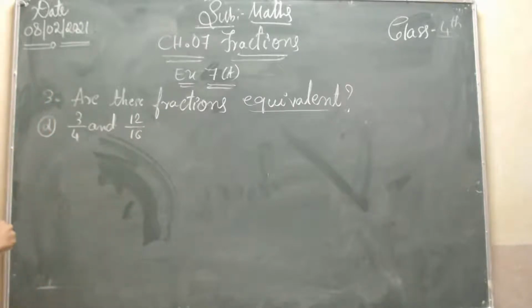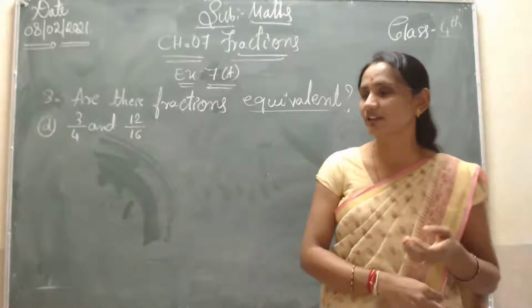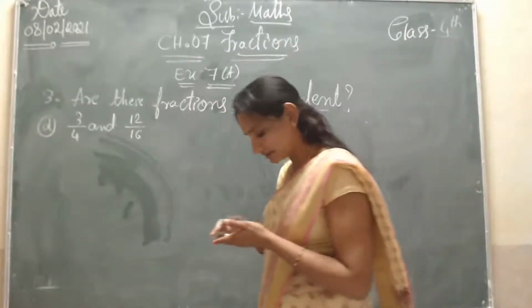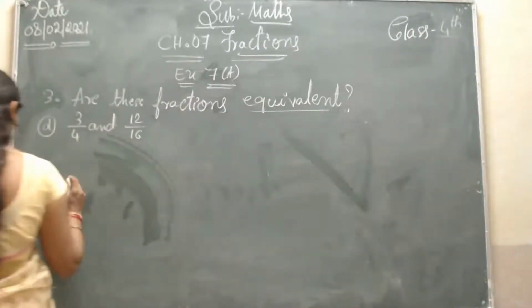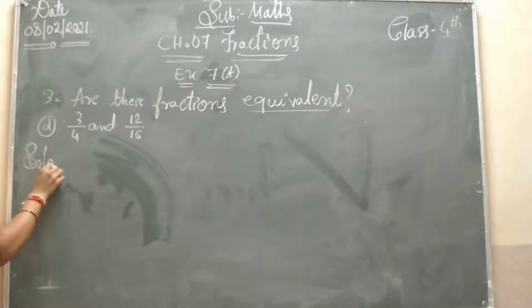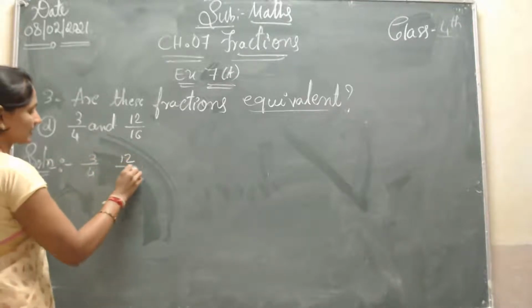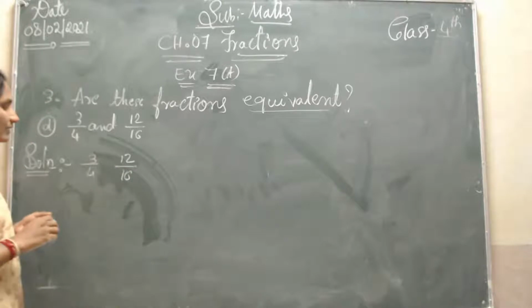In this question also, you have to check whether this is equivalent or not equivalent. I will show you one example. Students, what is the first step? You already know the first step: you write the question as it is. That is 3 by 4 and 12 by 16.